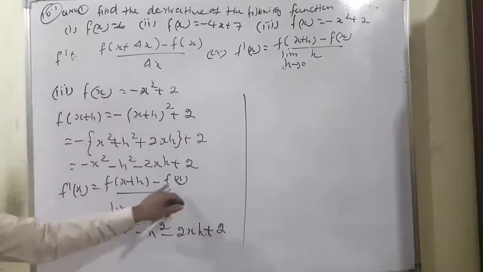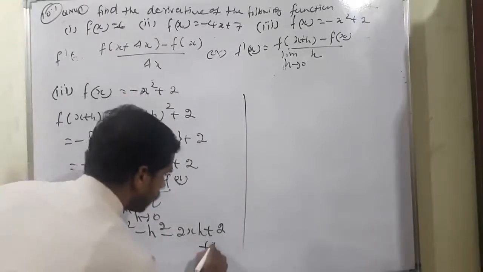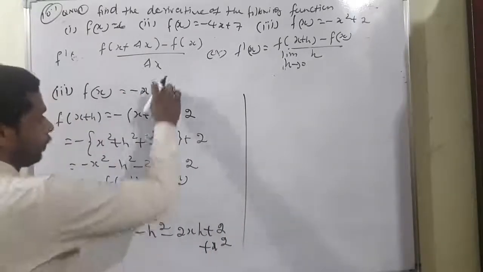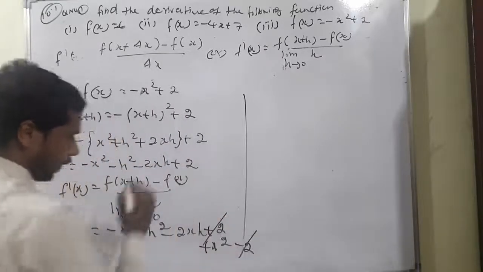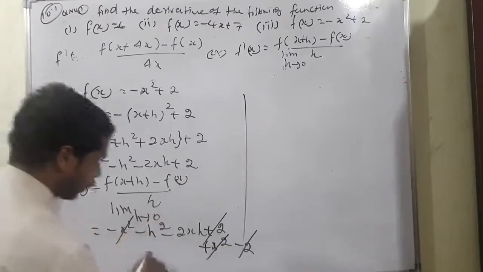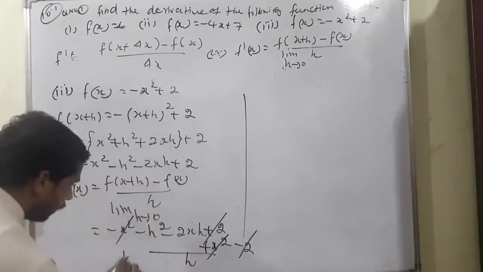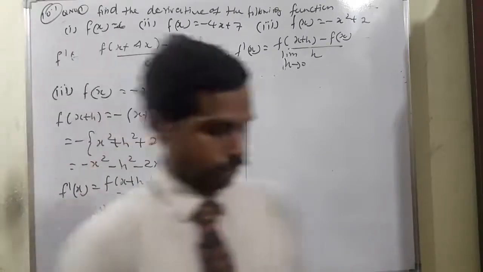Remaining, minus of f of x: minus into minus, plus x square, again plus into minus, minus 2. What cancels? Plus 2 minus 2, again minus x square plus x square. The whole term divided by h, where the limit consideration is h tends to 0.